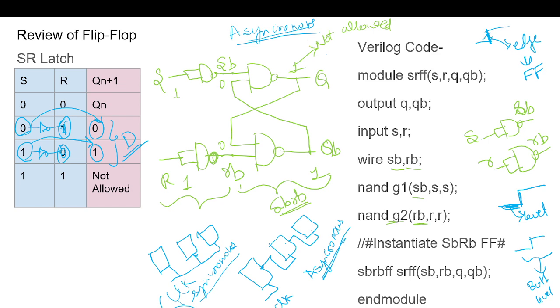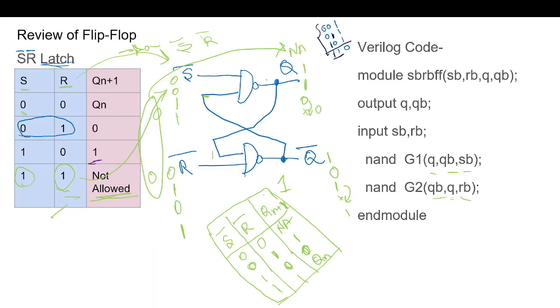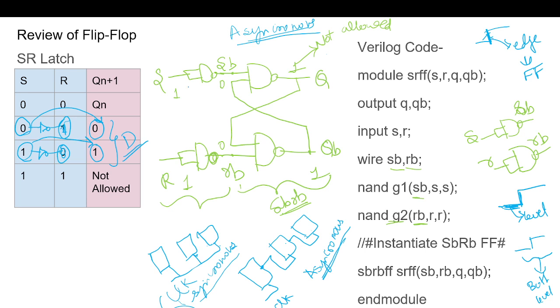In this normal S bar R bar, if I give 0, then I will have the not allowed state. But if I complement and give 1 as S bar R bar, I will have the previous state.